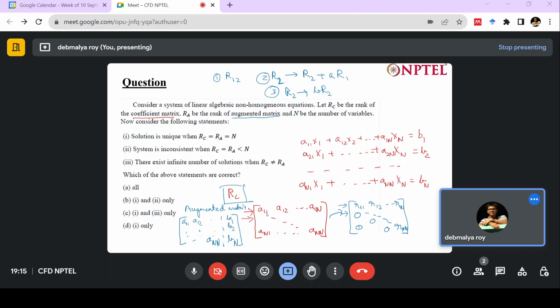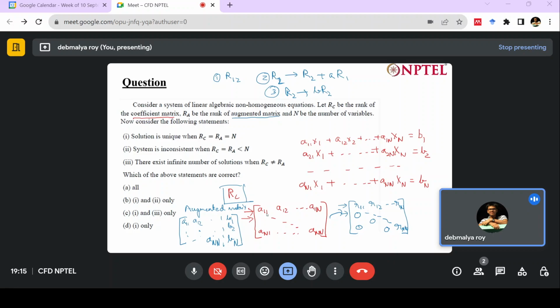So if there are RC number of non-zero rows in the coefficient matrix, in the augmented matrix there will be RC or greater number of non-zero rows. So if RC not equal to RA, that means RA is greater.